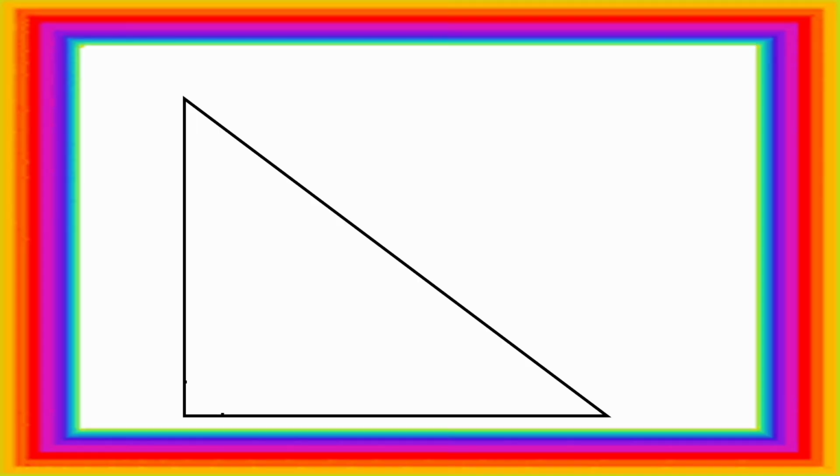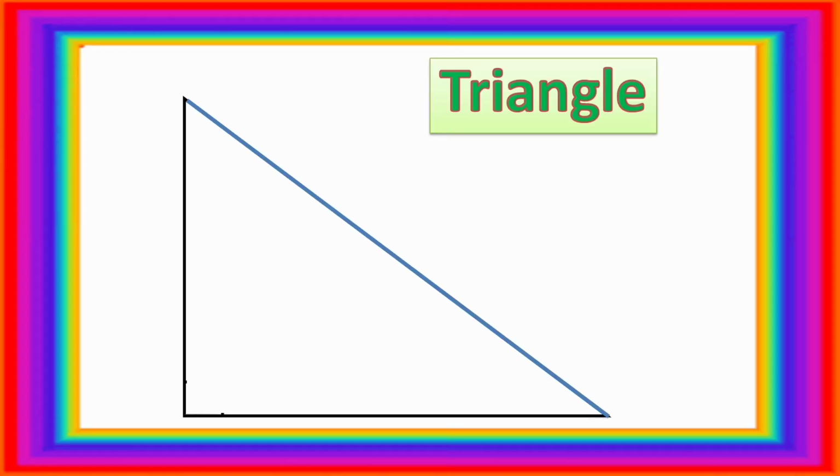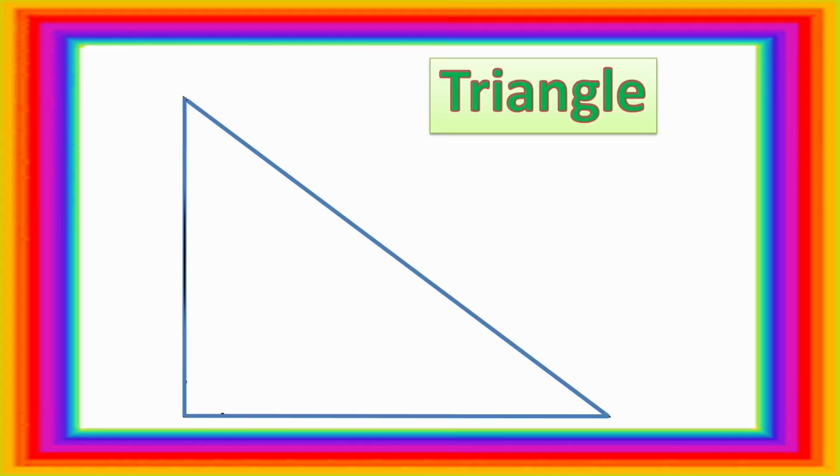So next is the triangle. This one is a triangle. So this side, this one, and this one, it is called a side. Alright, again, side.